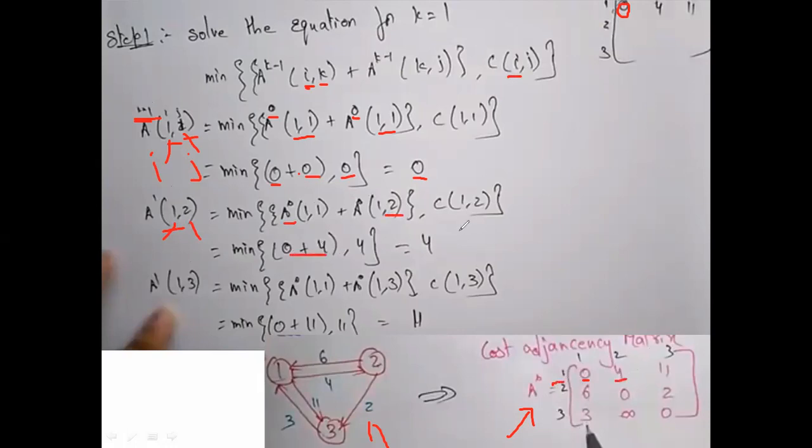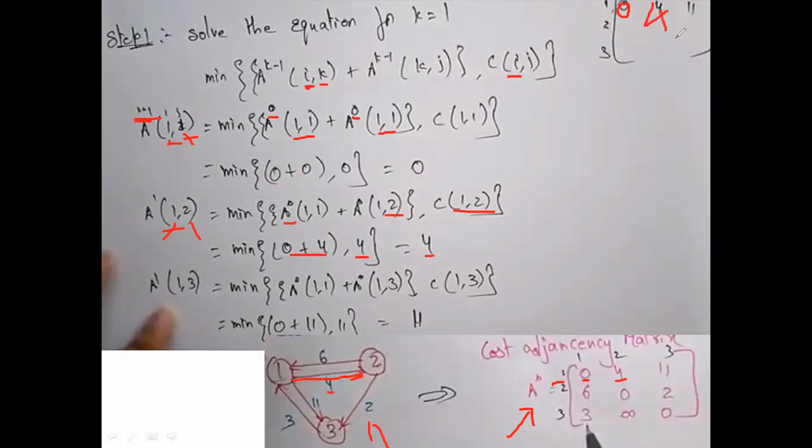So 0 plus 4. C of (1,2) from the given graph is 4. So minimum of 4, 4 is 4. You have to update that value here.